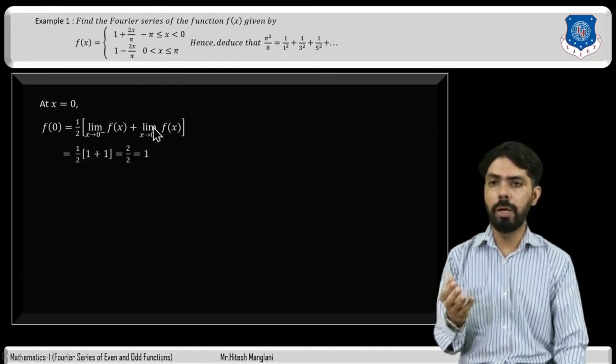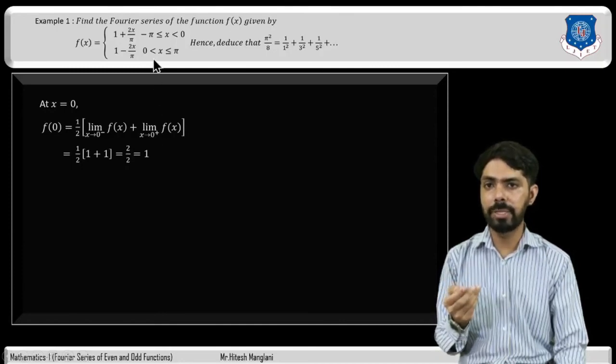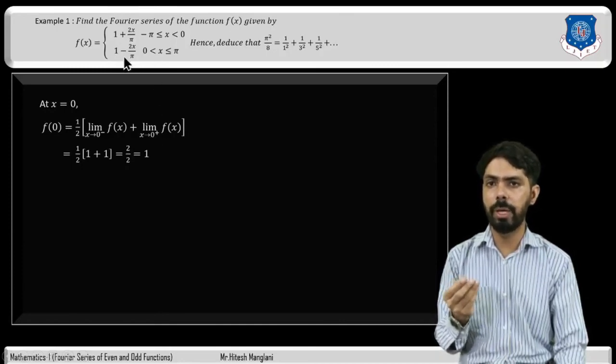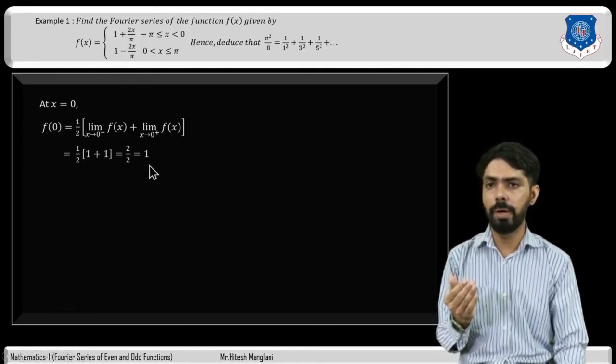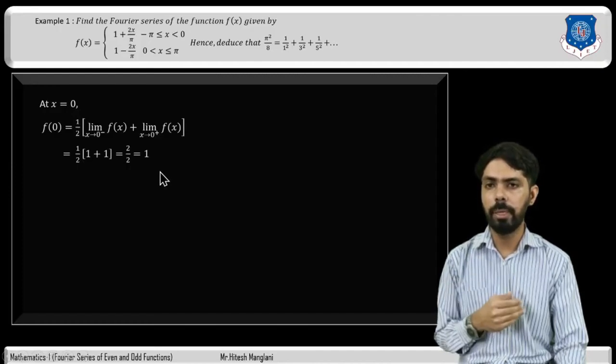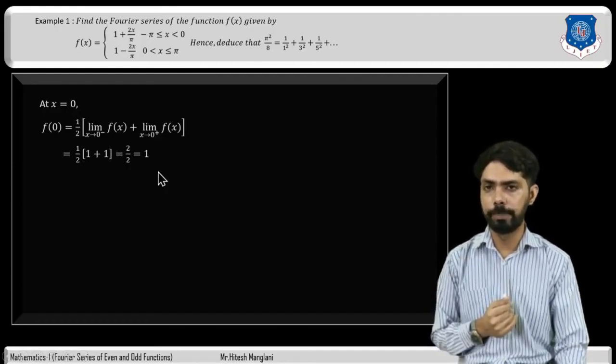Now we find the limit x tends to 0 plus f(x). Its meaning is x greater than 0. Whenever x is greater than 0, the function is 1 - 2x/pi. Here we replace x by 0, so it will be 1. So 1 plus 1 will be 2, 2 divided by 2, therefore it will be 1.